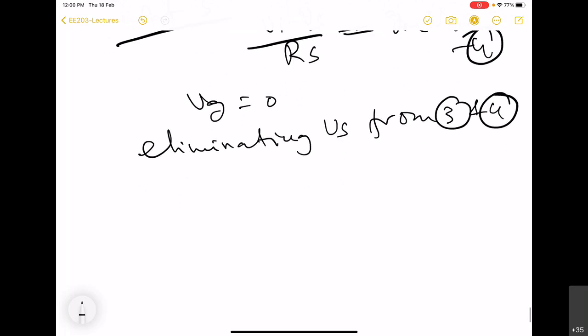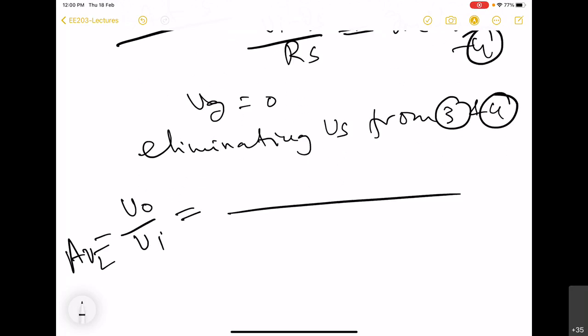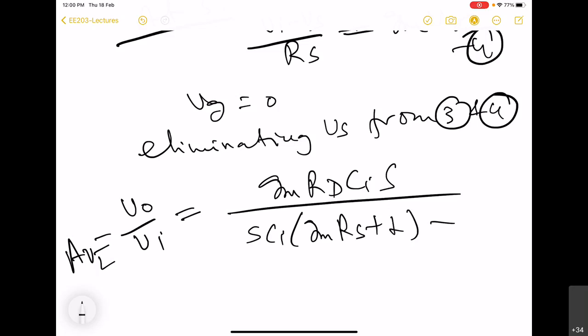One will obtain the voltage gain as Vo by Vi, and this is going to be the voltage gain for low frequency. AVL is equal to Gm Rd Ci S divided by S Ci Gm Rs plus 1 plus Gm.